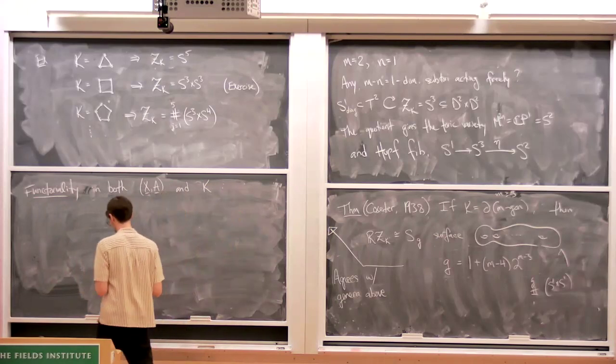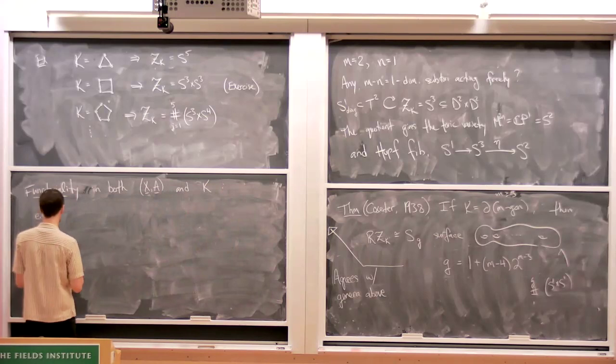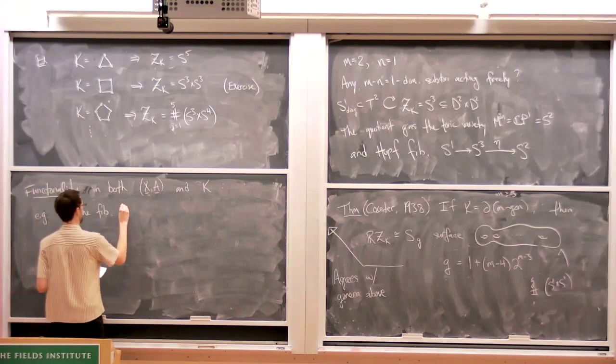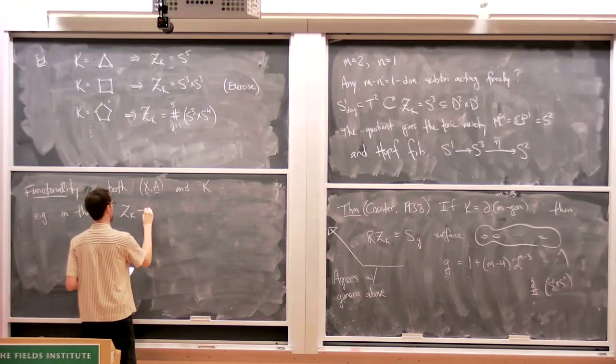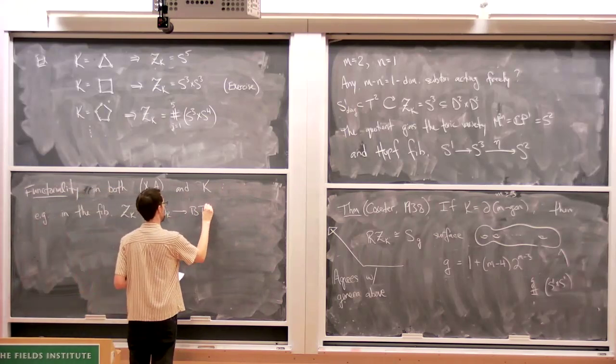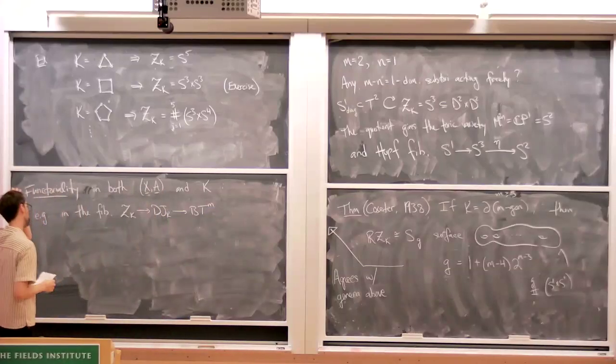So we can see this already in our fibration from the moment-angle complex to the Davis-Januszkiewicz space to BT^m. This first map is just the map induced by a certain map of pairs.